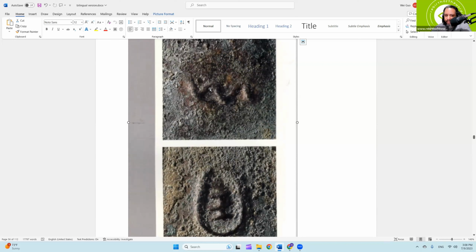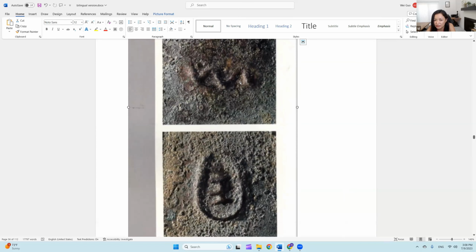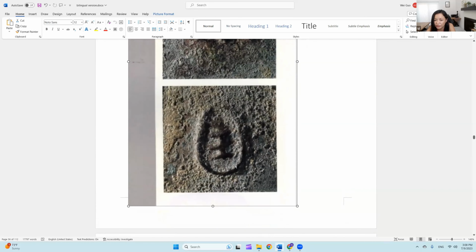It's like a capital M with a little bit connected to it. So basically, this sign has this snake sign on top and the character Wang at the bottom, cast on the bronze artifacts unearthed in China.